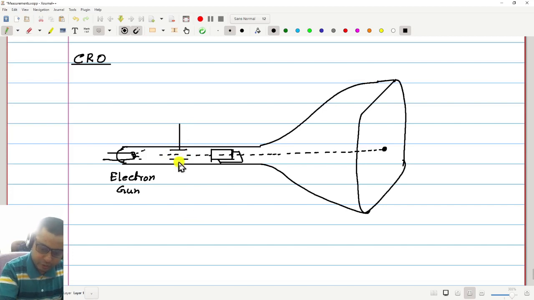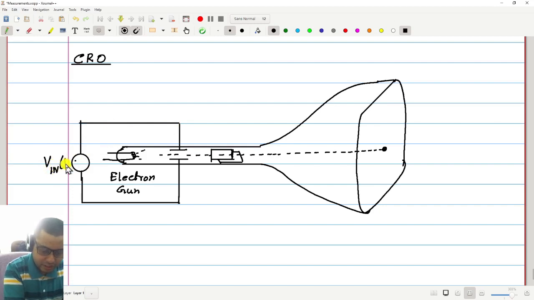Suppose between this you apply a voltage that can be a function of time. Call it V in function of time.